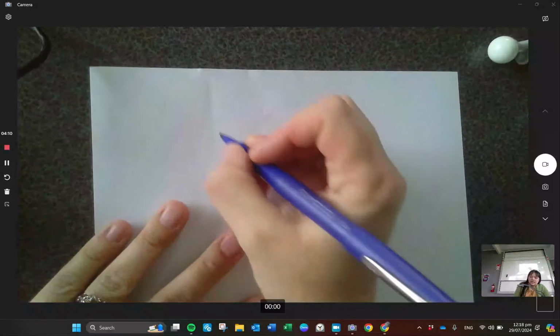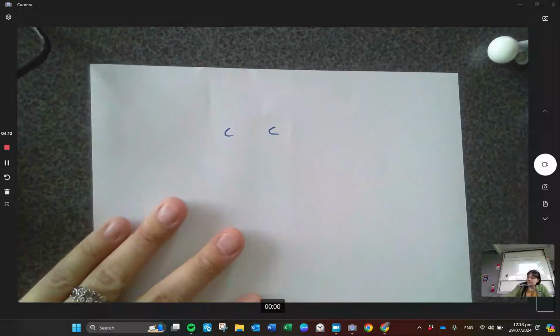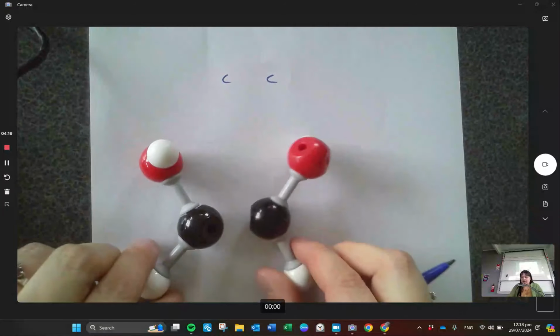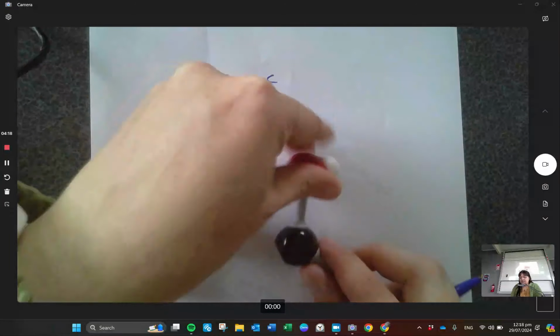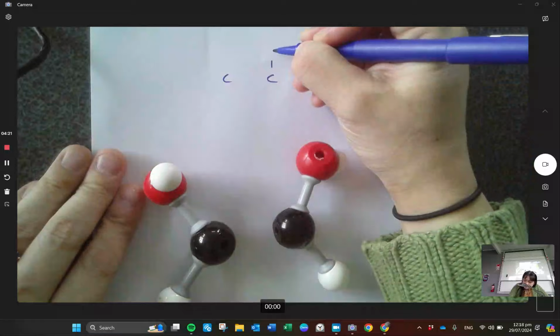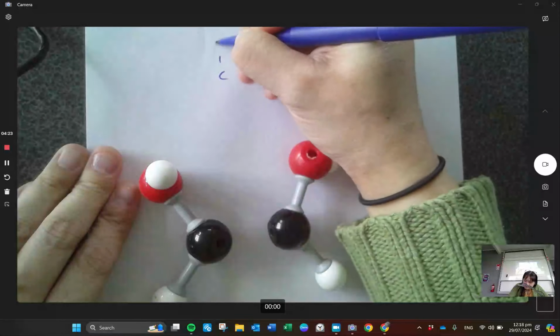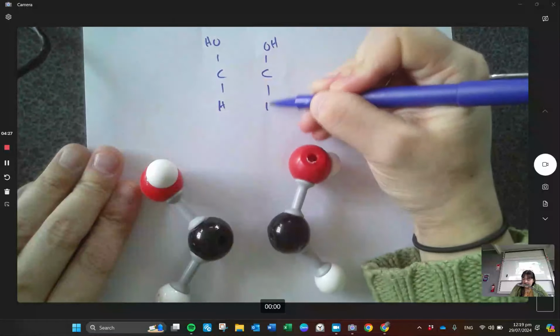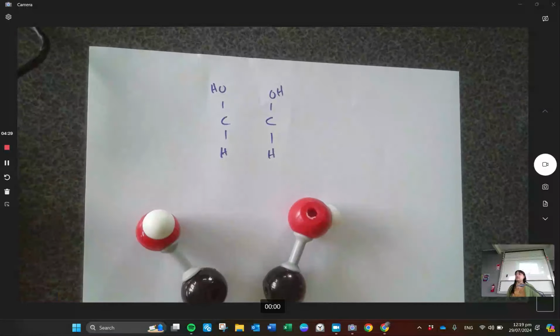So I am starting to draw an alkene, so CC. And I'm drawing it so that it has an alcohol. And it looks like that. Okay? Are we good with that so far?